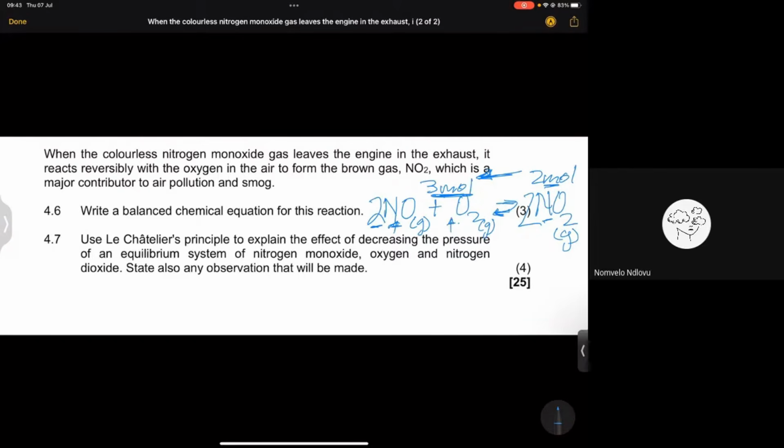It means that there'll be more nitrogen monoxide and less nitrogen dioxide. And obviously they said state also the observation. It means that the color will turn less brown. Remember, they said nitrogen dioxide is a brown gas. So it means that we will have less brown gas forming.